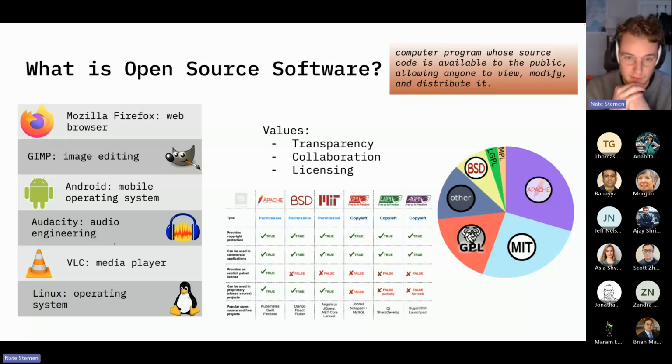The other big value in open source software is collaboration. Something like Firefox or Android is a huge project, with probably hundreds of thousands of lines of code that go into it, and that's not maintainable by one person.